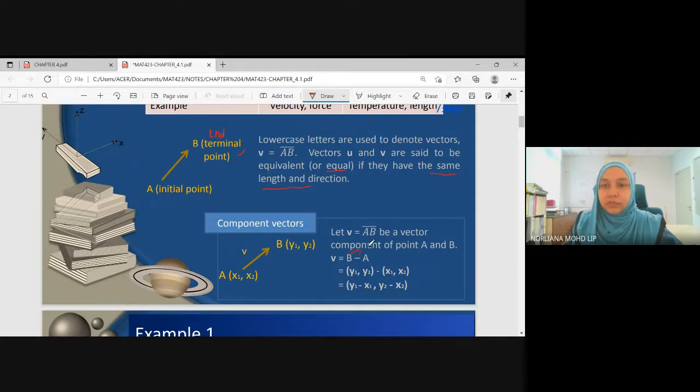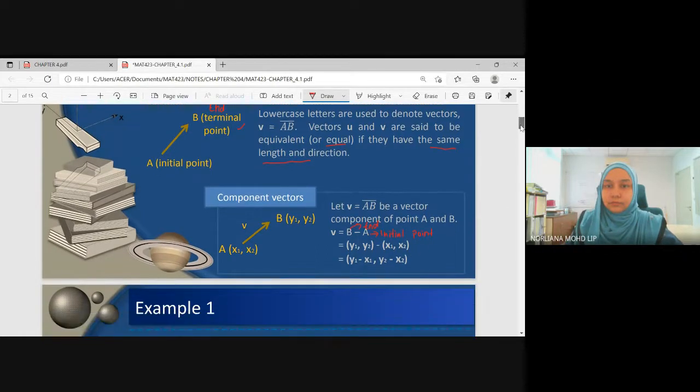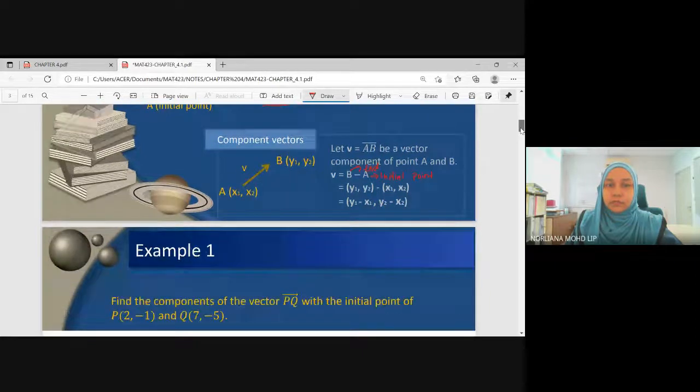B is the terminal point or the end point, minus the initial point. So y1 minus x1, y2 minus x2. We want to find the component of a vector.